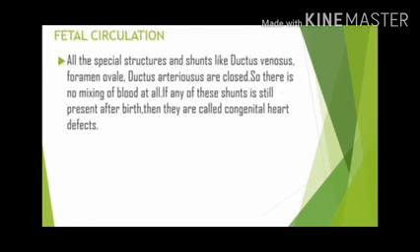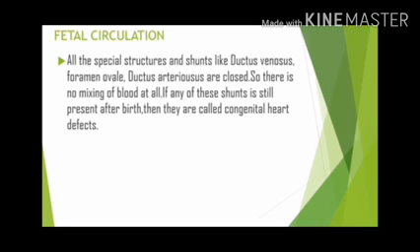All the special structures and shunts like the ductus venosus, foramen ovale and ductus arteriosus are closed after the birth. So there is no mixing of oxygen and carbon dioxide blood at all. If any of these defects or shunts is still present after birth, then they are called congenital heart defects.